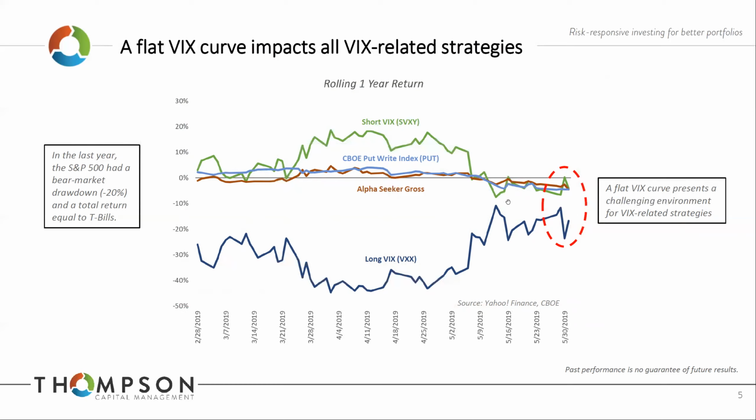I'm showing you rolling 1-year returns here over time. As of the end of May, the rolling 1-year return for every VIX-related strategy is down slightly. The green line is just short VIX, down a little bit. The blue line is just long VIX, that's down as well. And then Alpha Seeker, you can see it's correlating really well with the CBOE PutWrite index.